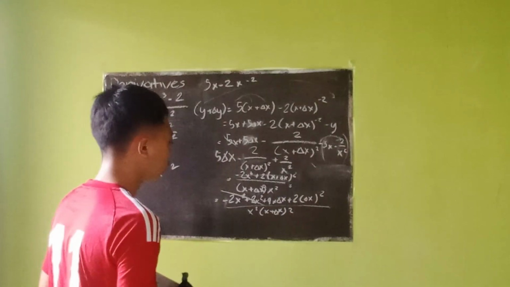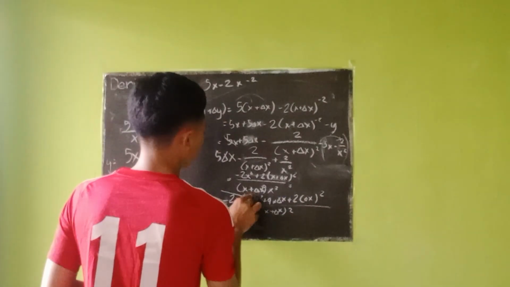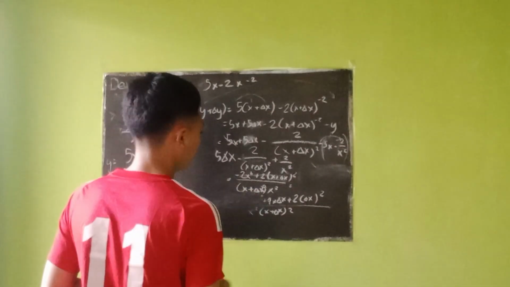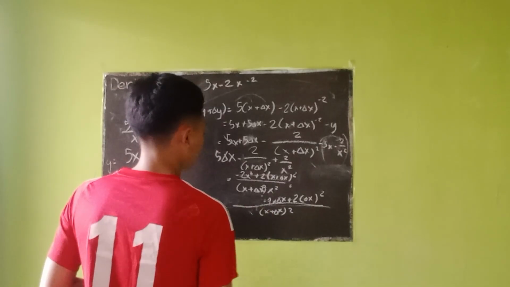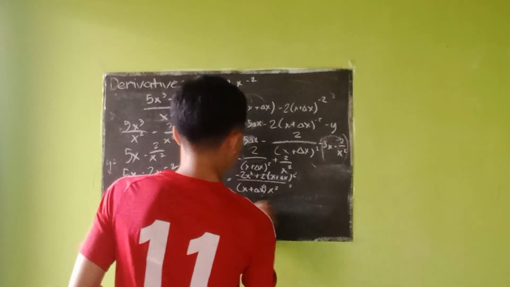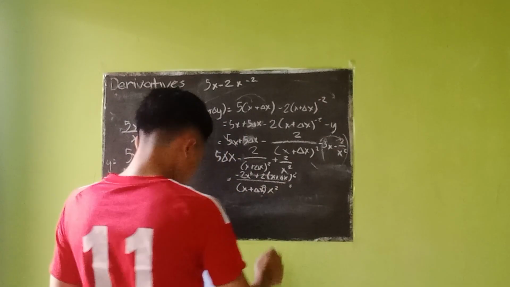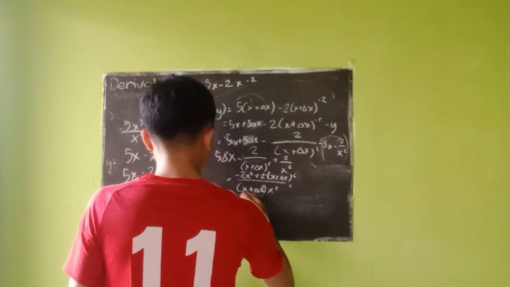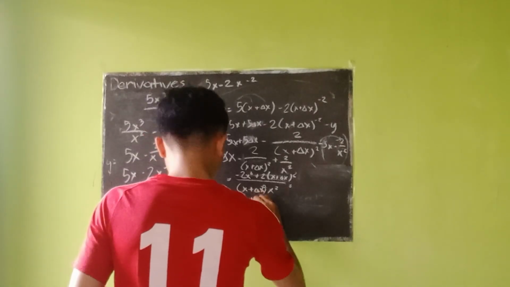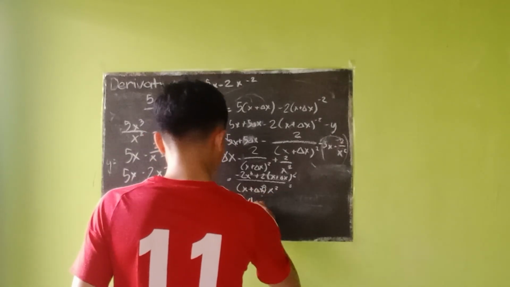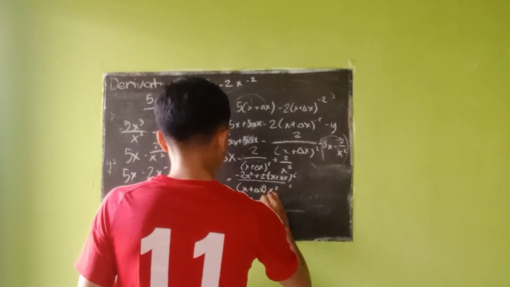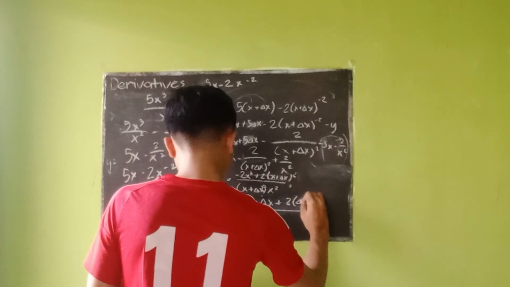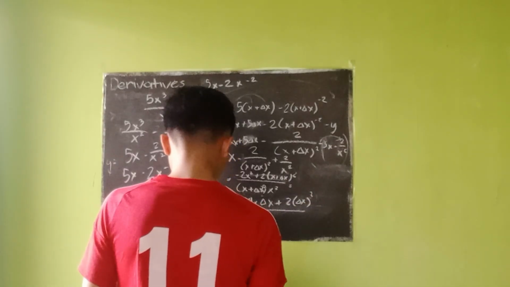Which allows you to have the answer of 5x. We can't forget about that. 5x plus 4x delta x plus 2 delta x squared. Then same thing.